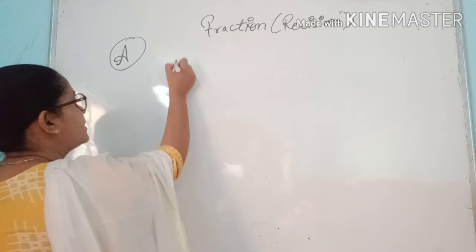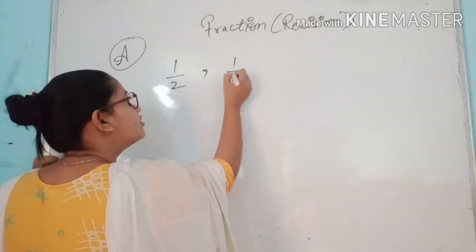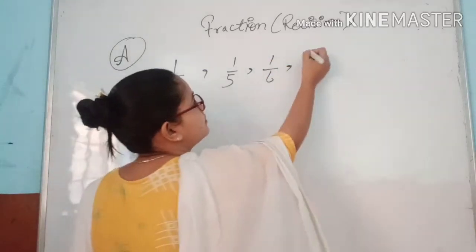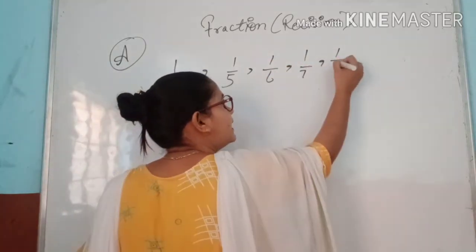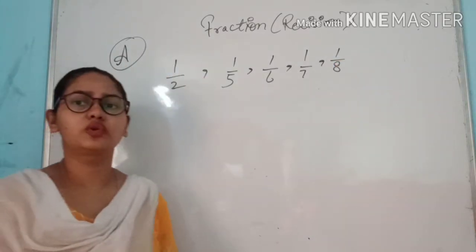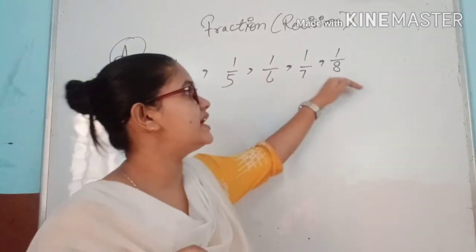Here we have 1 by 2, then 1 by 5, 1 by 6, 1 by 7, 1 by 8. We have to find out which rule is followed here. Students, the denominators are 2, 5, 6, 7, 8.